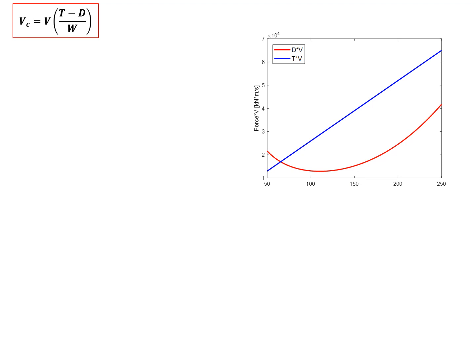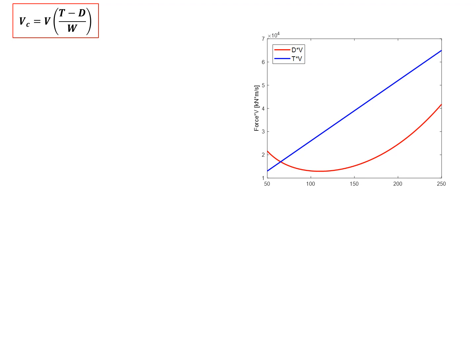The airspeed increases along the horizontal axis from 50 meters per second to 250 meters per second. The red curve is D times V and the blue curve is T times V, because we assume T is a constant, so it's a linear change.